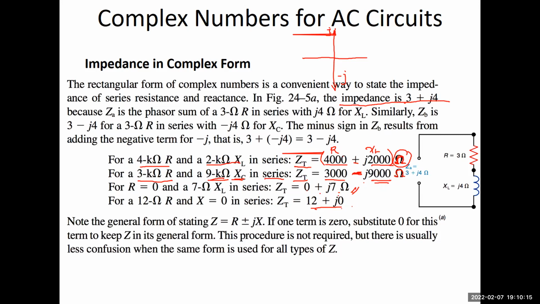Okay? j sub 0. So this is either XL or XC. So the sign in between will depend on whether the circuit is inductive or capacitive.